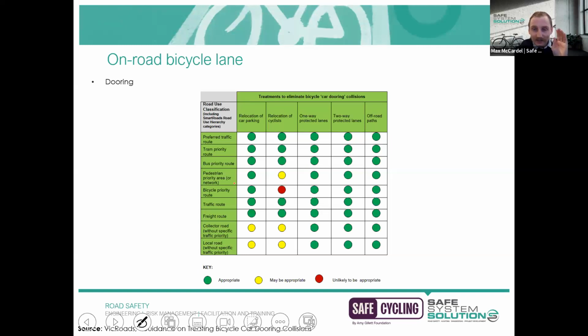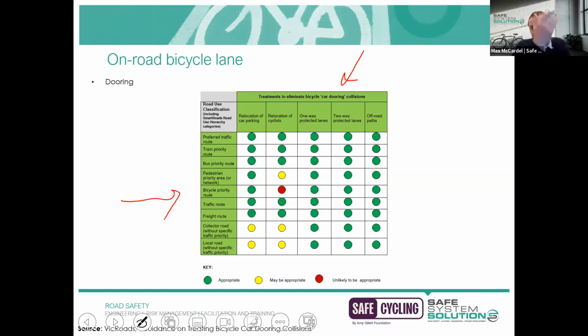So this is a treatment matrix that was developed a few years ago now by VicRoads, the Department of Transport, as they're called now. And it suggests what type of treatments may be appropriate in given scenarios. So along the top columns here, we've got different types of treatments.